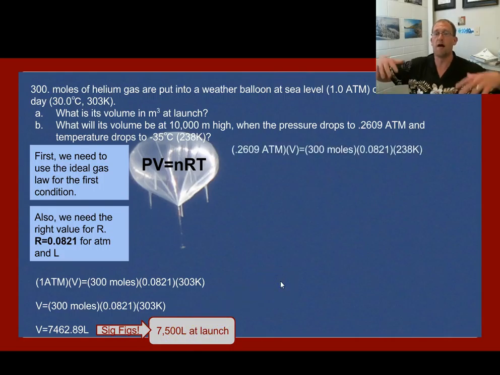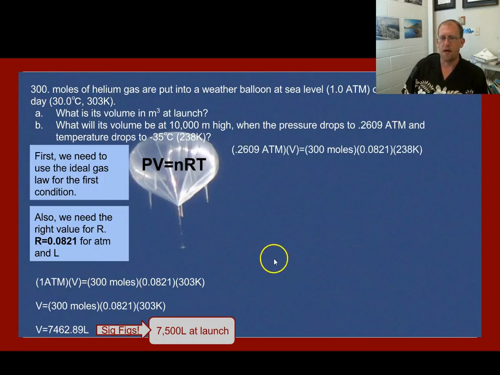Then it goes up into the atmosphere, right? I am going to have the new situation of 0.2609 atmospheres, unknown volume, 300 moles still, same value for R, new temperature. Now I could have used the combined gas law to do this as well, but I just want to show you how the ideal gas law works as well.